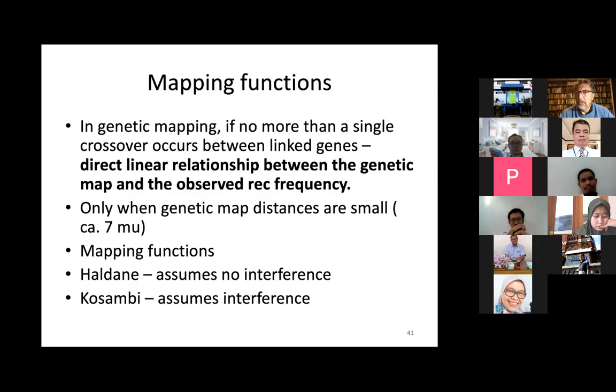So if you're doing a mapping project and your software asks you to use Haldane or Kosambi, you have to know that when you assume there is no interference, it means that one crossover does not interfere with the occurrence of a nearby crossover. If you choose to use the Kosambi function, then you consider some interference.